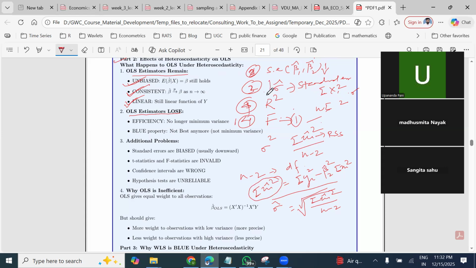Again, it should be as low as possible. There is no ideal value, but it should be as low as possible. Fourth is R square. The R square value should be as high as possible, close to 1. This is the coefficient of determination. Is it clear? 4 things. Yes, sir. Crystal clear.